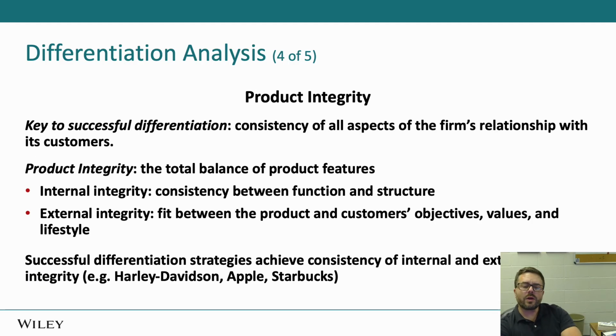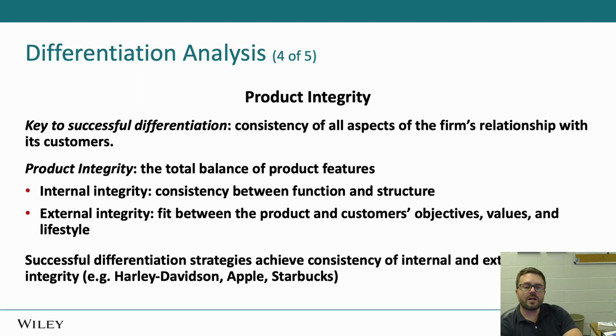A couple more considerations here with differentiation. Within the broader concept of product integrity, there are two sub-levels of integrity. What we call internal integrity is the consistency between the function and the structure. Does the thing do what it was designed to do?